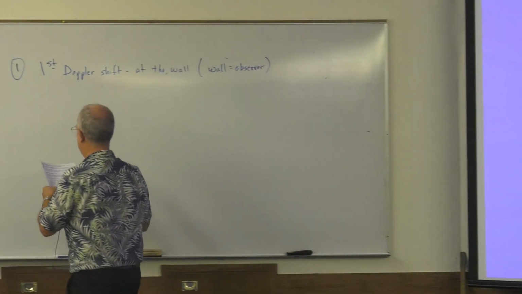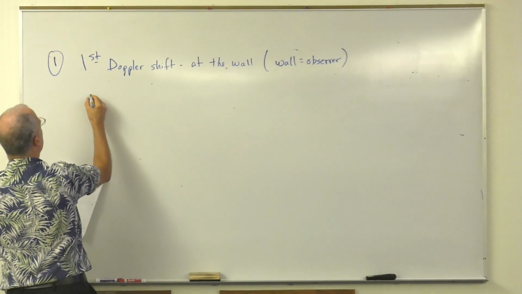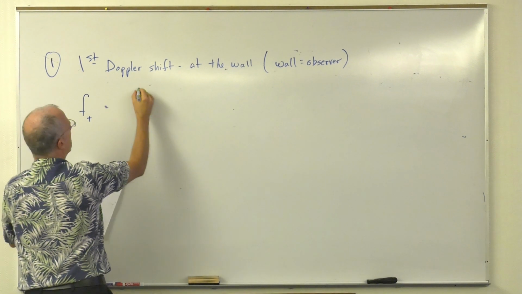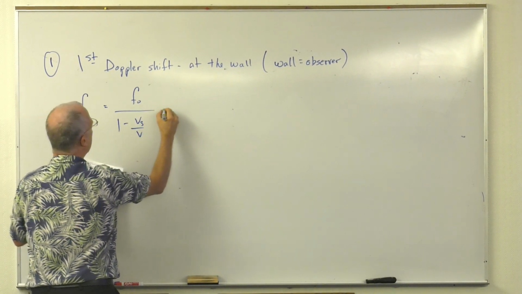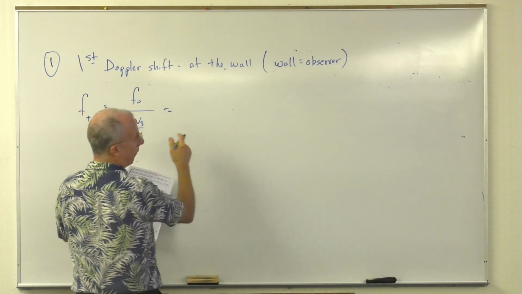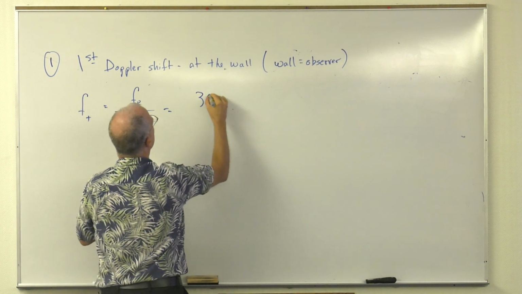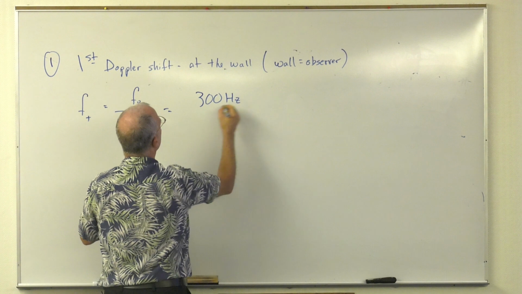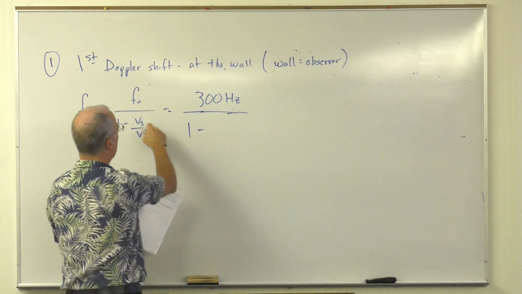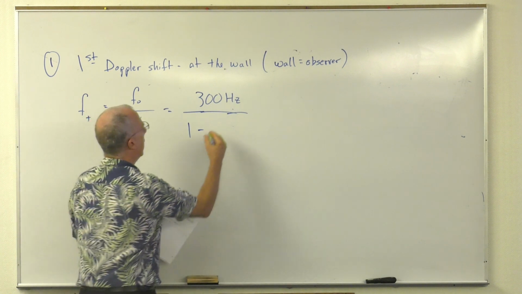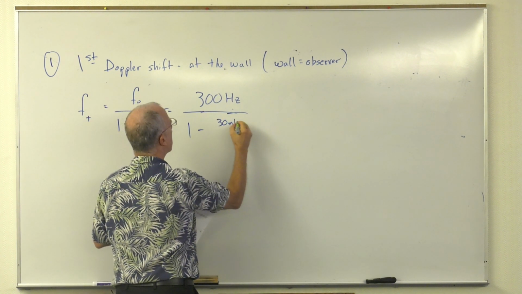So f+ equals f0 times (1 minus Vs over V). So f0 is 300 hertz. And then we have the speed of the car is 30 meters per second.